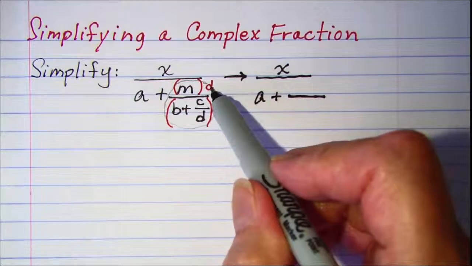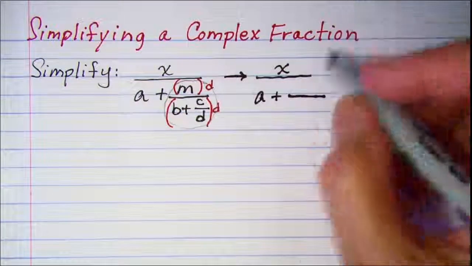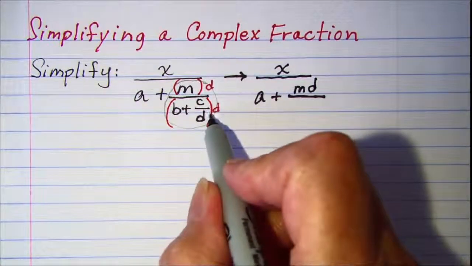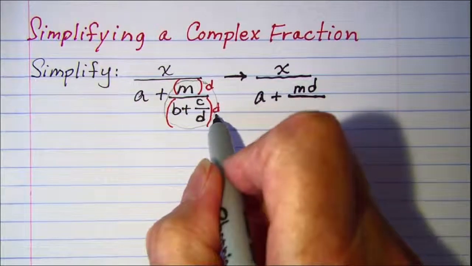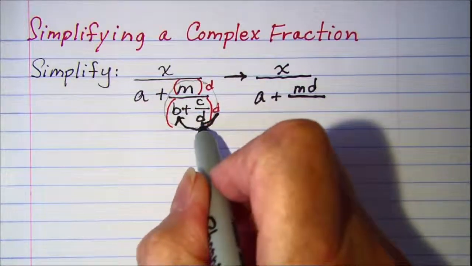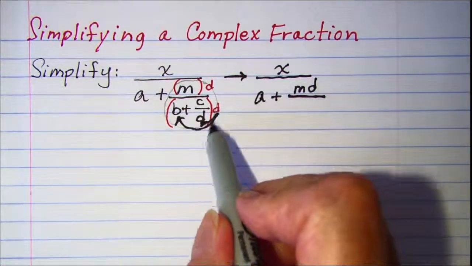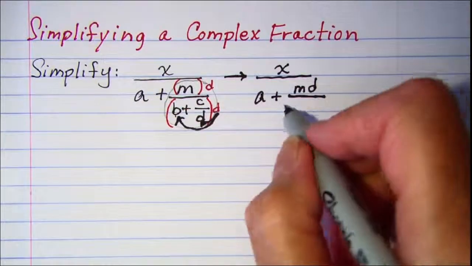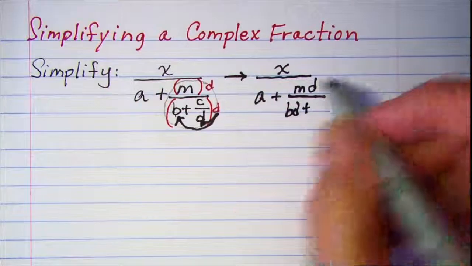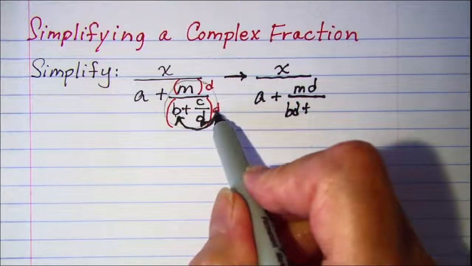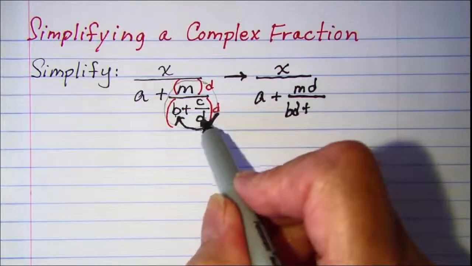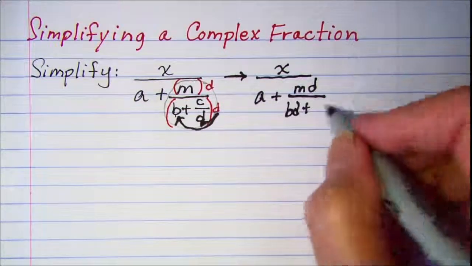The numerator is md, and in the denominator I'm going to have to distribute this d through the parentheses. So d multiplied by b gives me bd plus, and then the reason for doing this multiplication is so that these d's will cancel right here, and all I'll have then is a c.